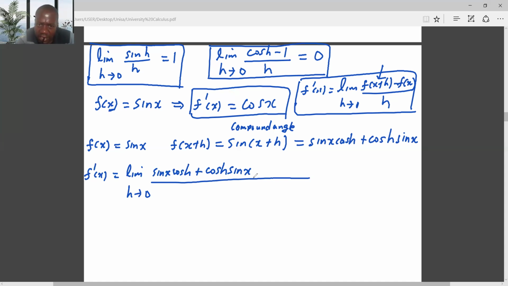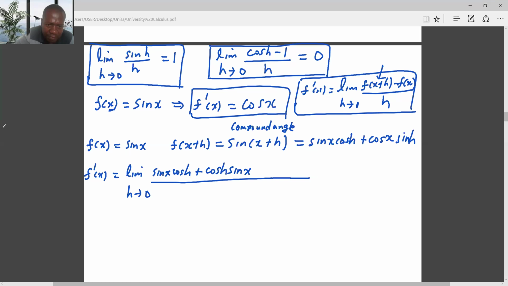Let me check something here. Sine cos, cos sine. Something's wrong, I apologize. It's sine x cos h plus cos x sine h.